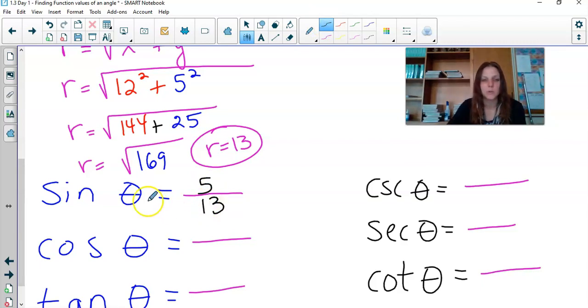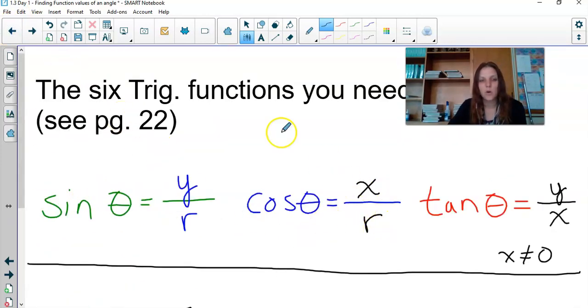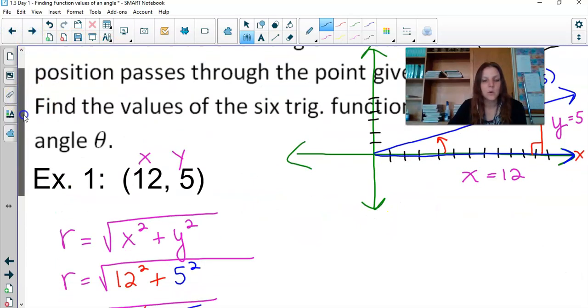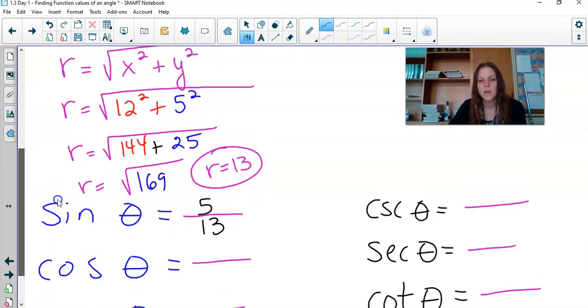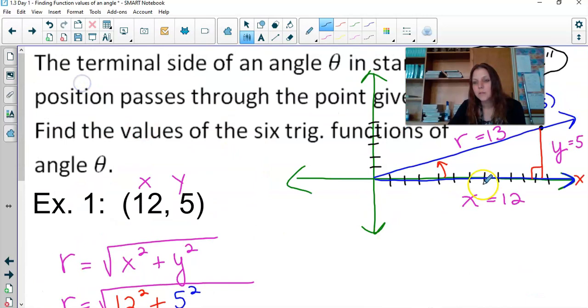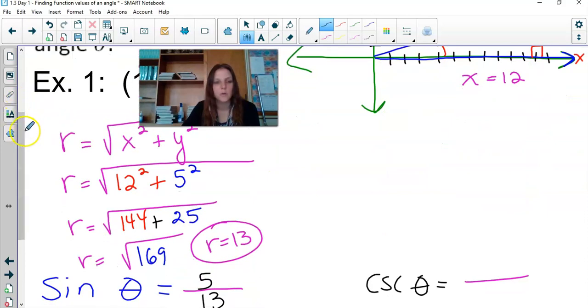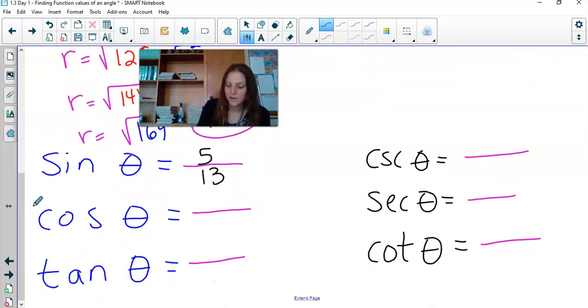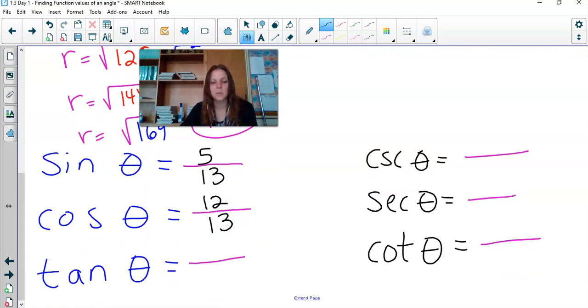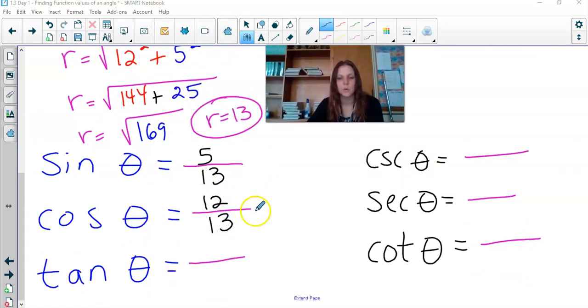This one doesn't reduce. Okay, cosine. Cosine is x over r. X is 12, and r is 13. So we're going to write 12 over 13 for cosine. Reduce if possible. This again doesn't reduce, so we're good there.